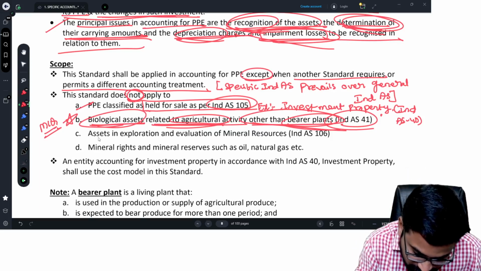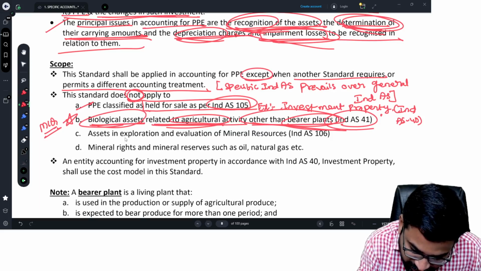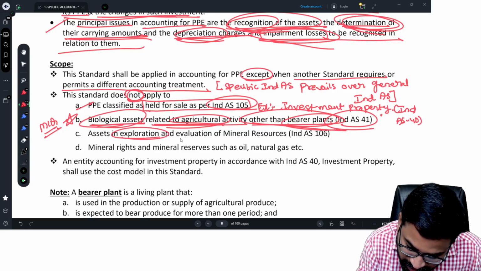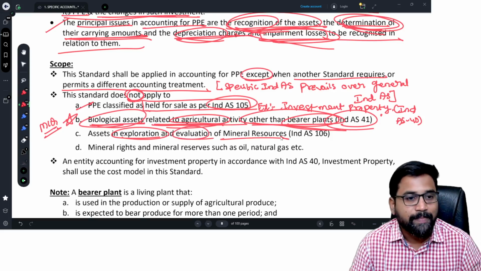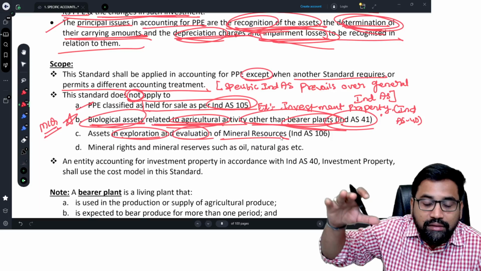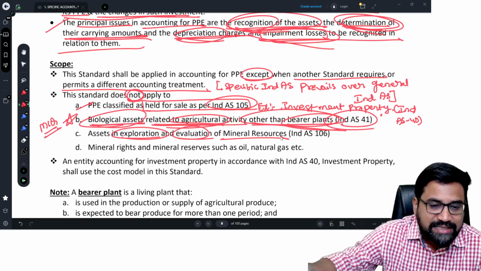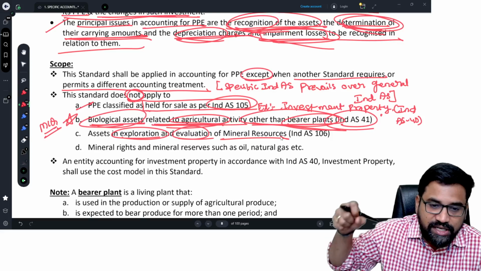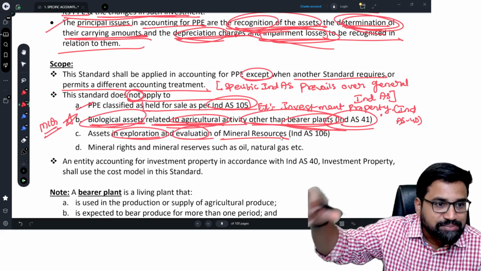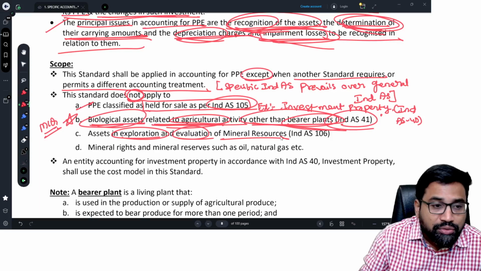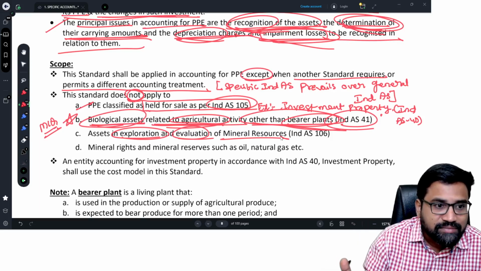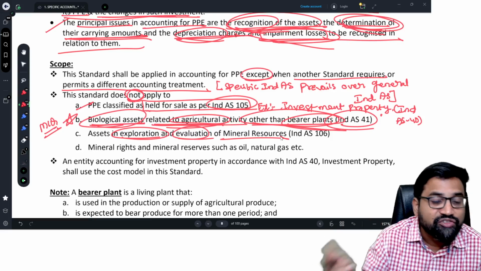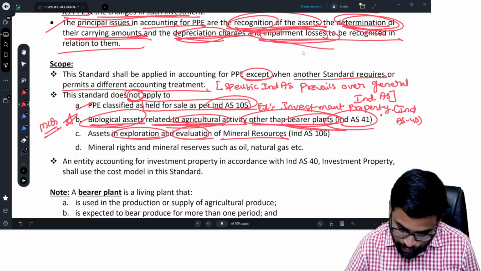And third is assets in exploration and evaluation of mineral resources. Generally they will explore oil, gas, minerals, for example from the sea. Now what assets are we using in exploration and evaluation of mineral resources? I will show you.